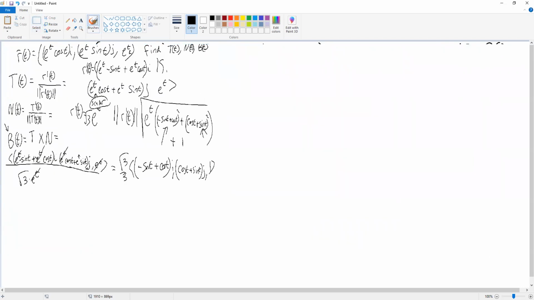All right, so now if we want to find n of t, we're going to take the derivative of this guy, right? Well, we're going to pull square root of 3 over 3 out. And what's the derivative of this right there?